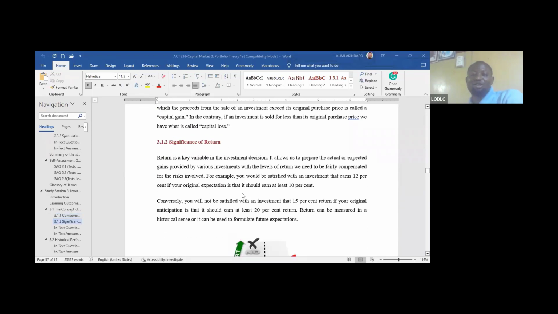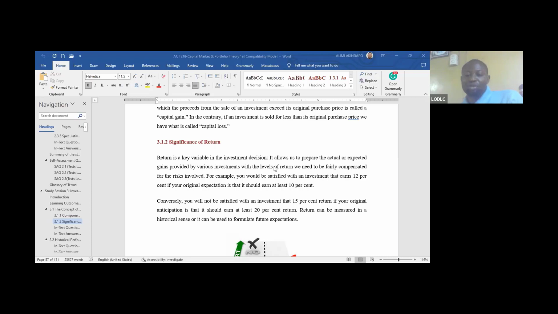Then what is the significance of return? Is there any significant importance that the returns can bring? So return is a key variable in the investment decision. It allows us to compare the actual and expected gains provided by various investments. With the level of return, we need to fairly compensate for the risk involved.